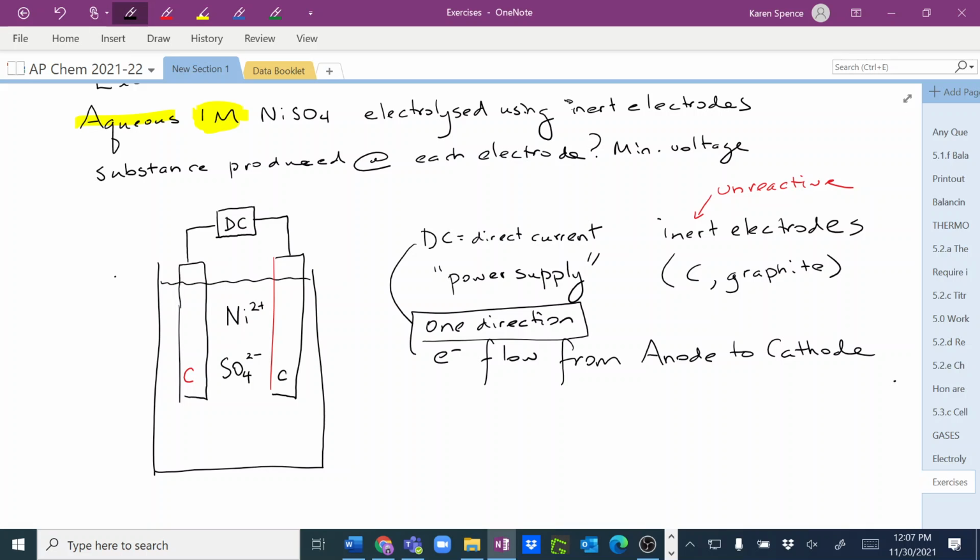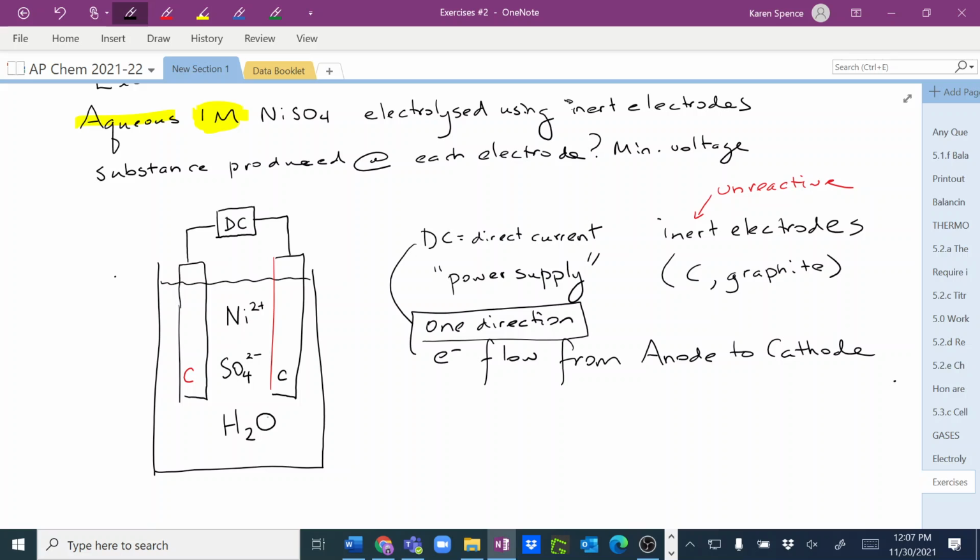It's not just molten NiSO4, you also have water, yes? So when you are looking at your substances, nickel, sulfate, and water, we need to find the one that requires the smallest voltage in order to run.